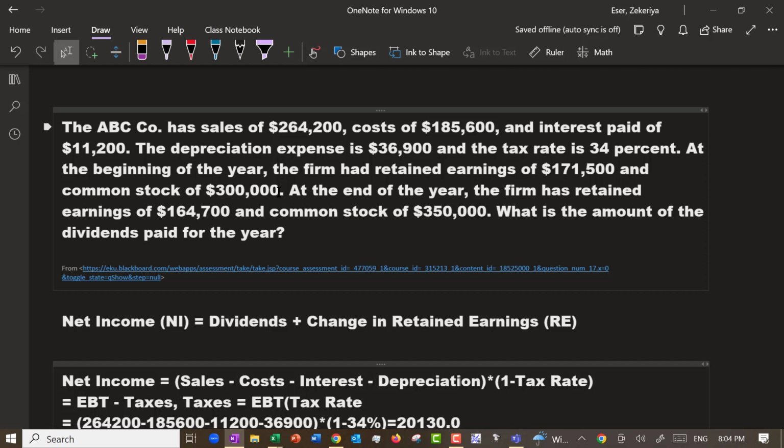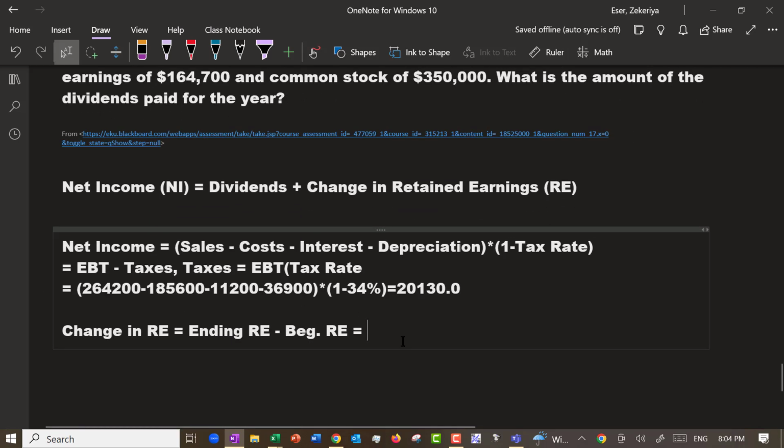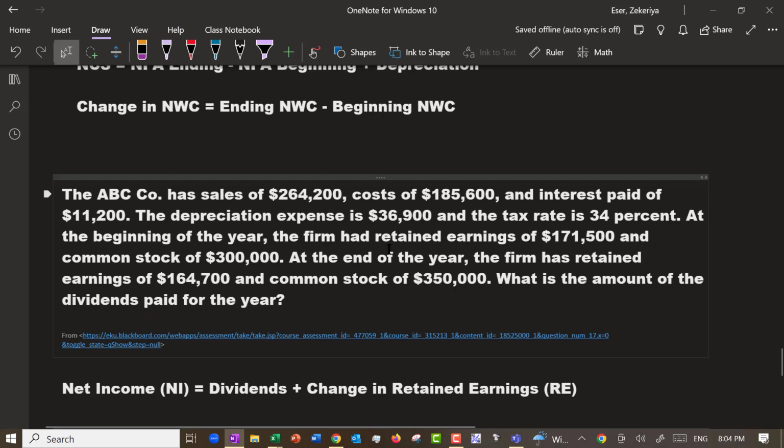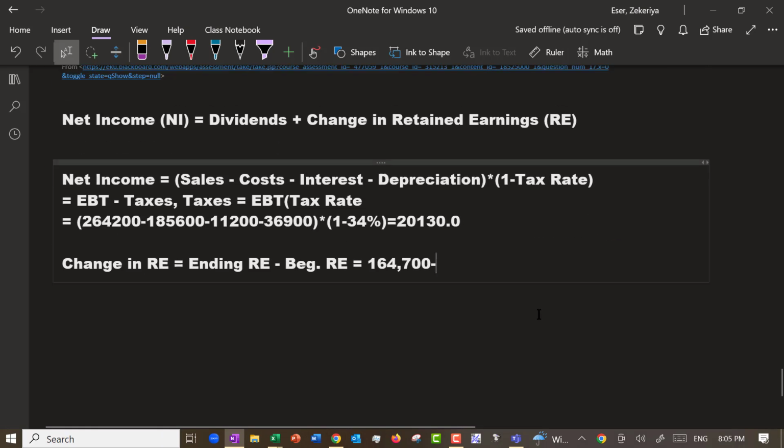So that's a number that you should ignore. At the end of the year, they had 164.7 minus 171.5. The retained earnings actually decreased.